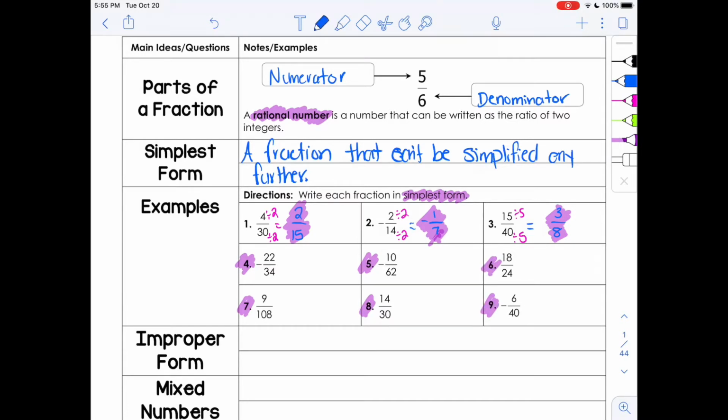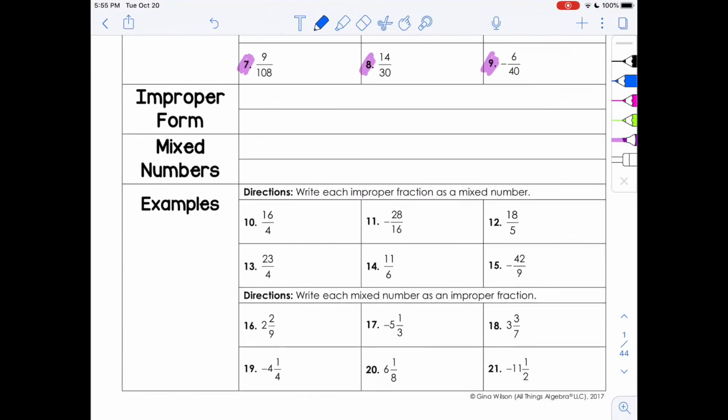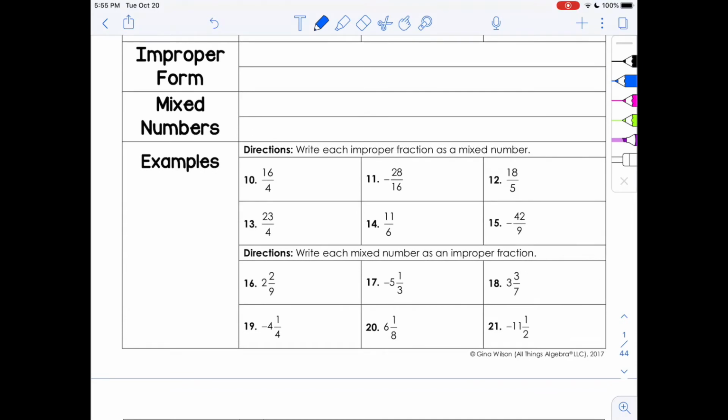The next thing we want to discuss are improper fractions and mixed numbers. Remember, an improper fraction is a fraction in which the numerator is larger than the denominator.